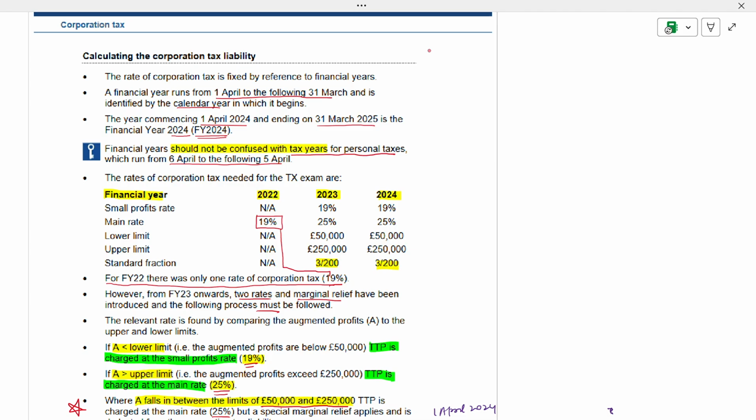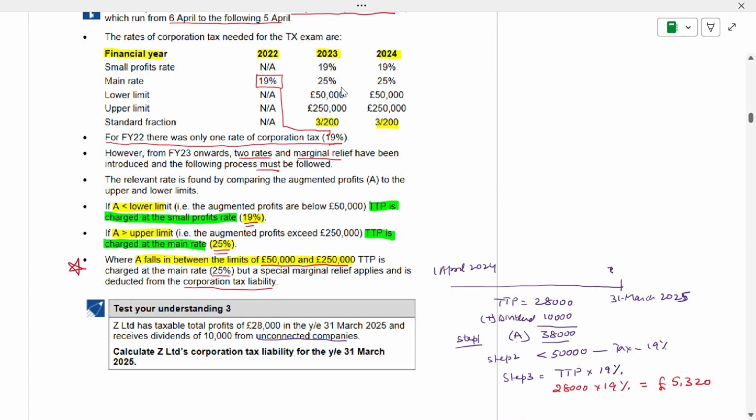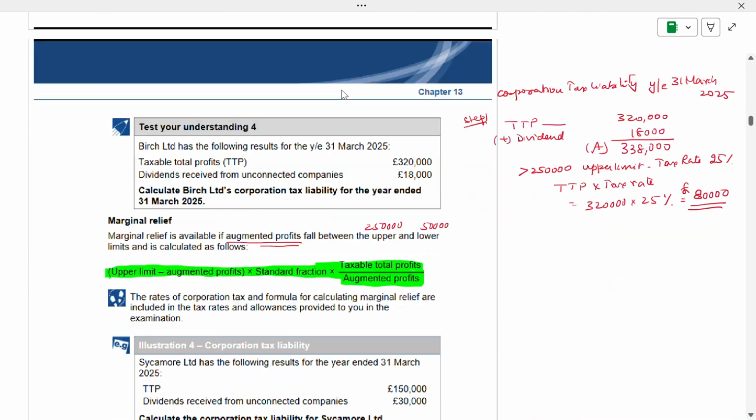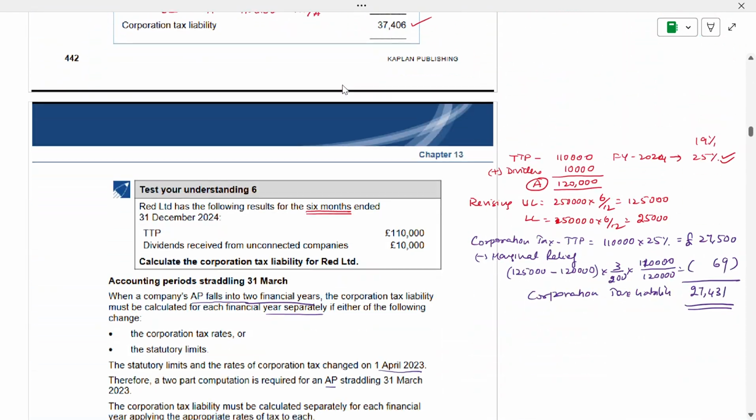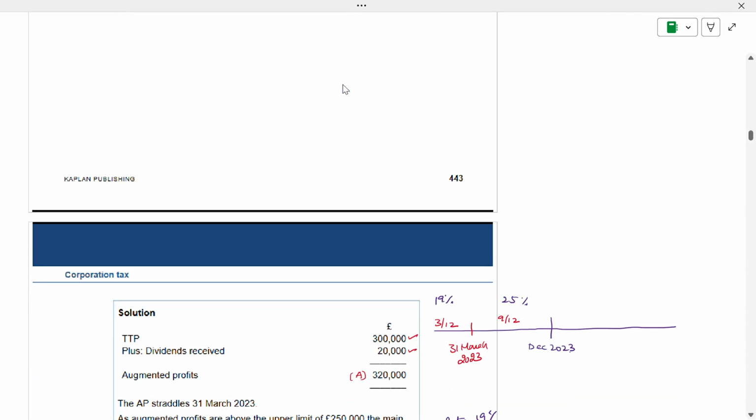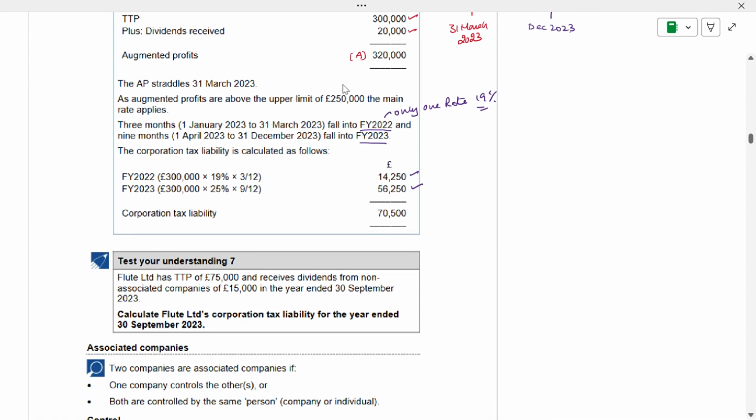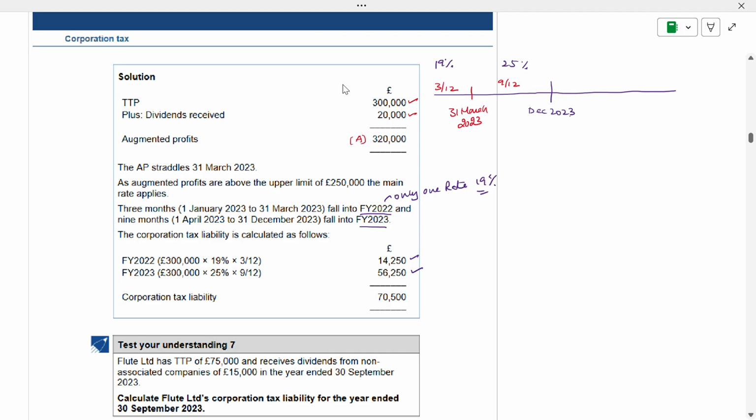Main rate is only 19%. In the first sentence also they have mentioned that for the financial year there was only one rate of corporation tax of 19%.